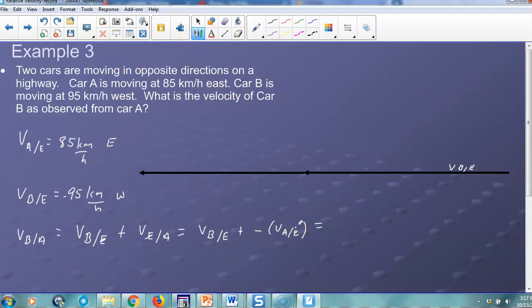So that's going to be equal to B relative to Earth, negative 95 kilometers per hour, and that is this one, 95 kilometers per hour in the negative direction, and this is the negative of our positive 85 kilometers per hour.